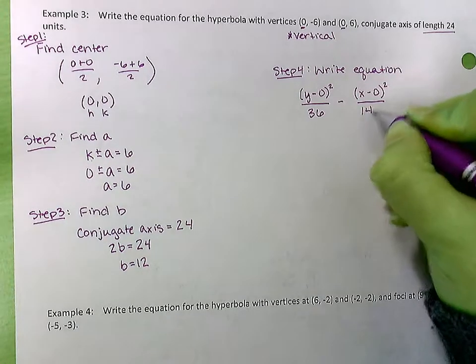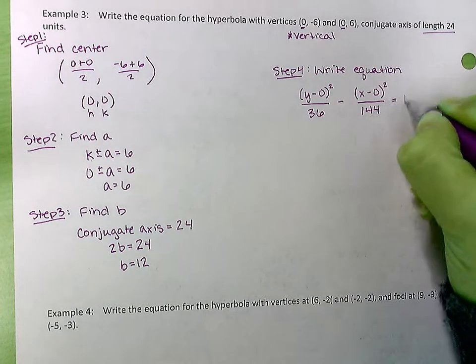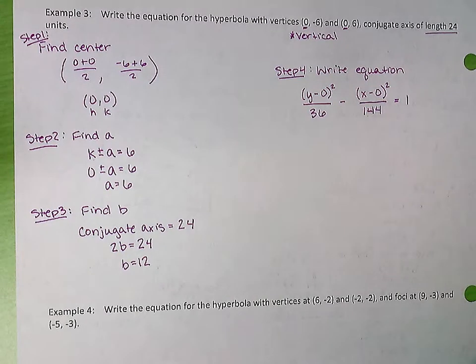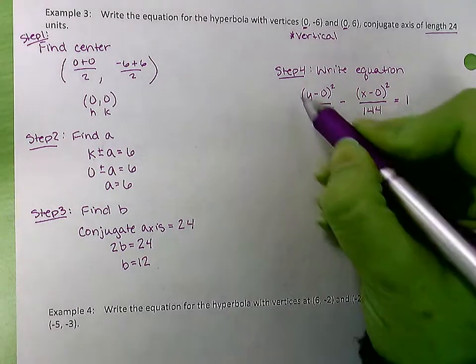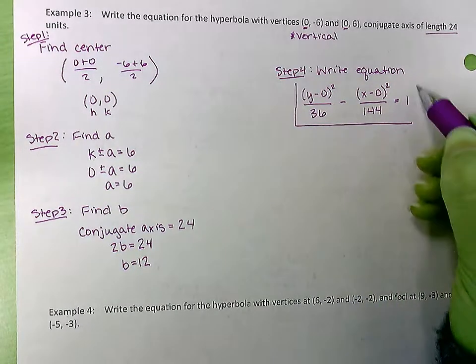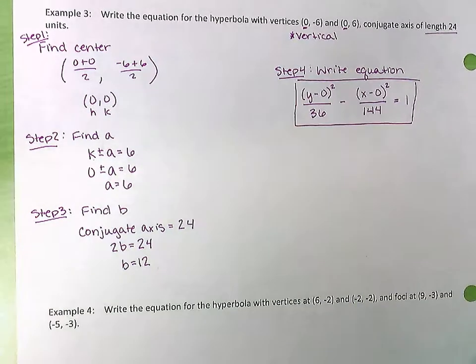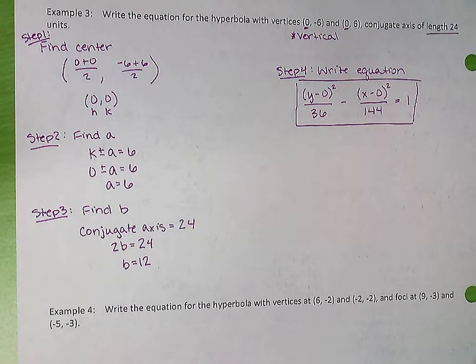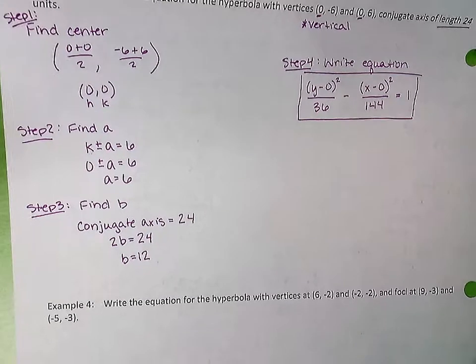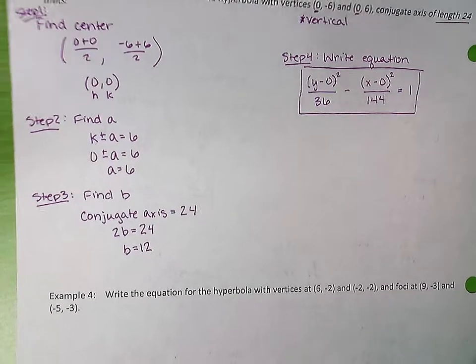So 12 squared is 144. And that should be equal to 1. Okay, questions on that one? So those are 3 different ways to find B. Good?